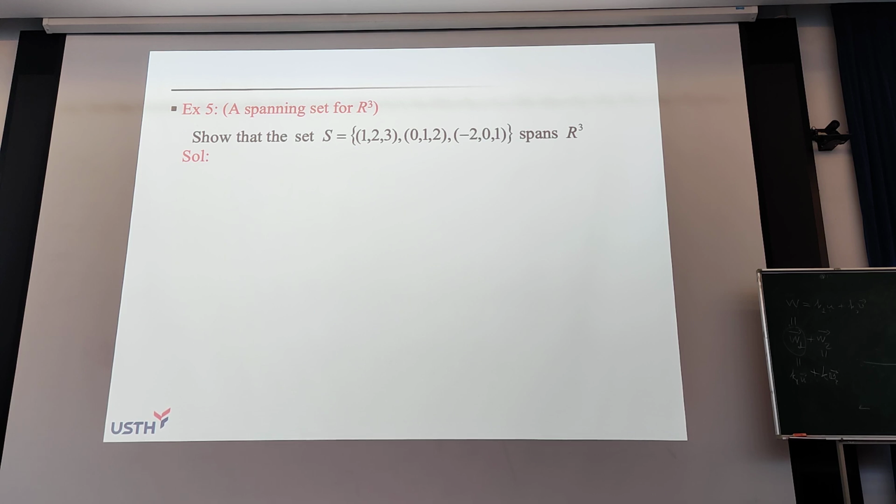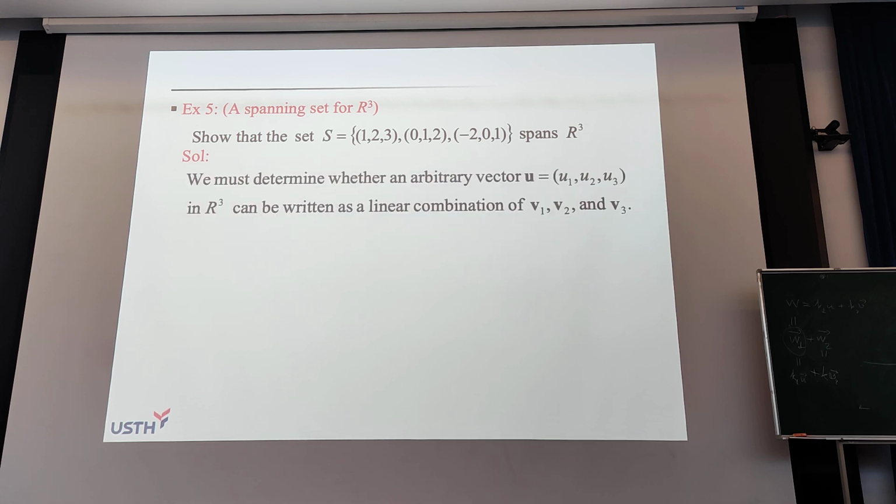Okay. So now when you are given the vectors like that, what do you need to do? You need to show that the set S is a spanning set of R3. You need to do as follows. Given any vector u like that, u can be written as a linear combination of v1, v2, v3. That is here. u can always be written like that with c1, c2, c3 numbers. And it is again a system of linear equations.